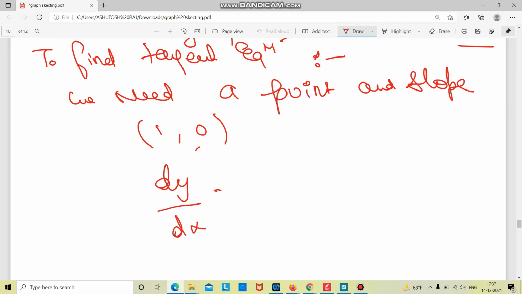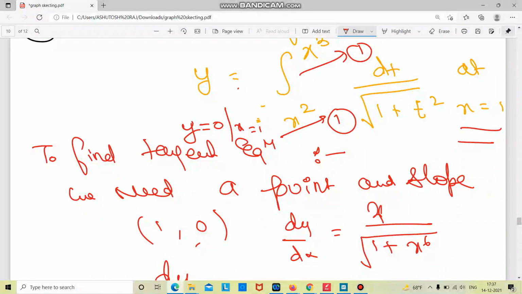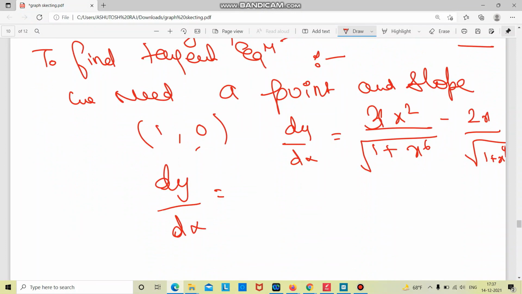So dy by dx is equal to 1 by under root 1 plus x to the power 6 into 3x square, minus 2x by under root 1 plus x to the power 4. This is our dy by dx.